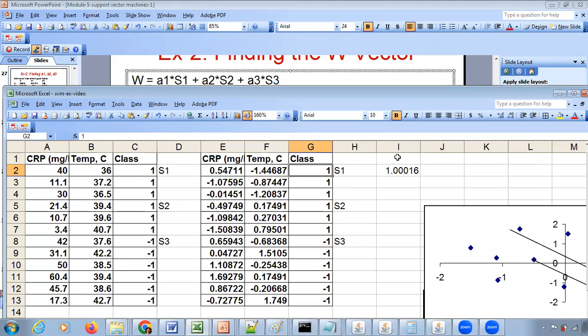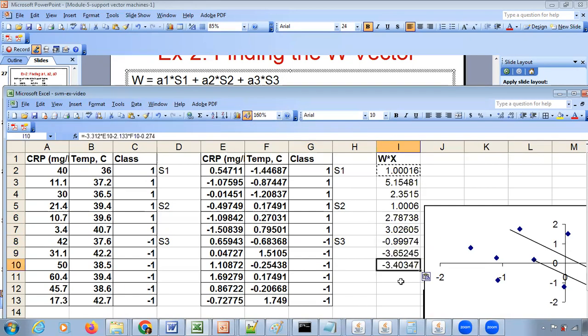So we should get W times X also as 1. And then for this one, it's 5.15. So 1 or anything greater than 1 is good. That's what we expect. And then 2 point something greater than 1, equal to 1. This should be 1 as well. This should be greater than 1. This is greater than 1 as well. So correctly I classified. Now this should be negative 1 and the rest should be less than negative 1.